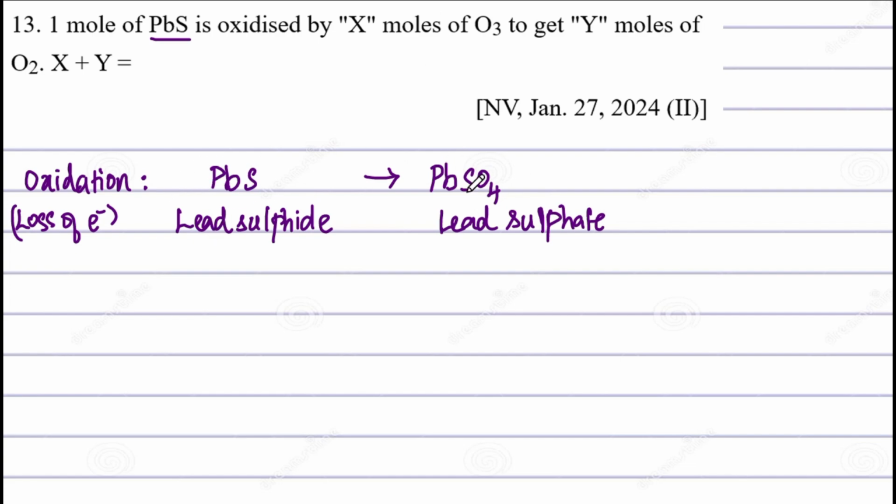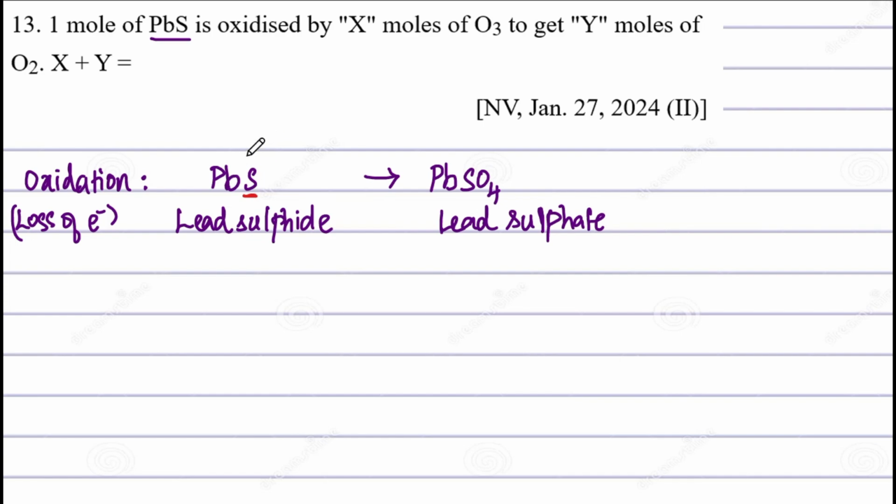We are going to see that. In the reactant side and product side, oxidation state of lead is same. Oxidation state of lead is +2 in both the reactant and the product, because sulfide is S2 minus and sulfate is also SO4 2 minus. So the anion is having the charge 2 minus, so the cation, the metal, will have the charge +2. Now let us see the oxidation state of sulfur.